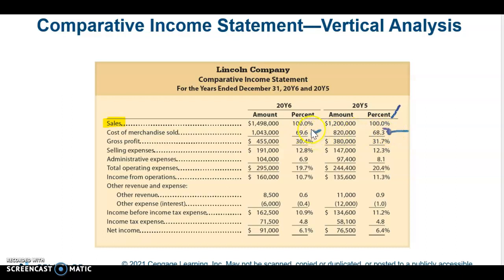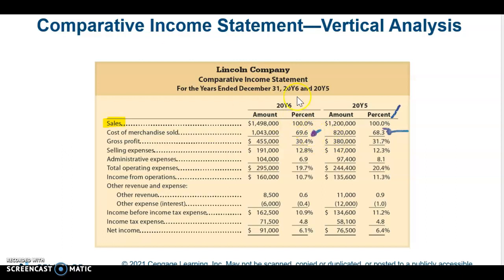So it's costing me a higher percentage amount than it did. The percentage of sales is not much different, so it's not necessarily a bad thing, but it may be something that could be a potential red flag if it continues to increase.